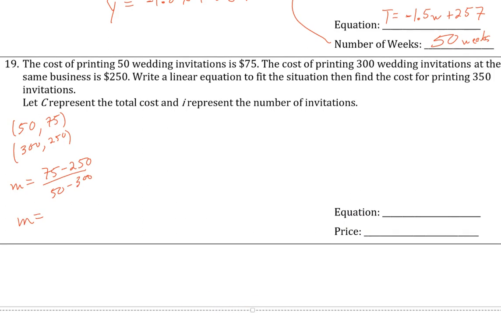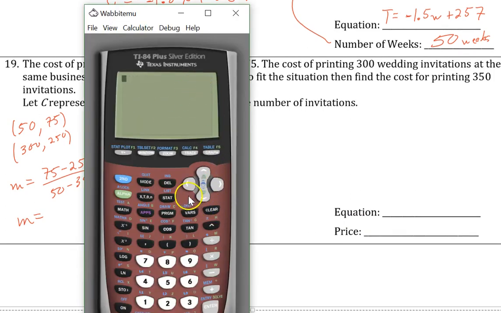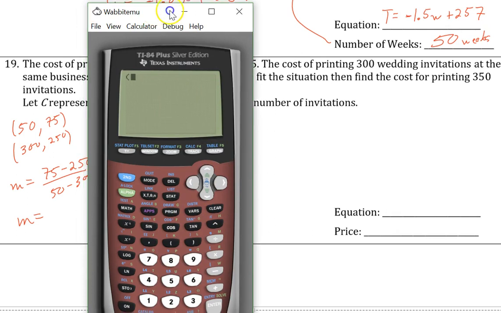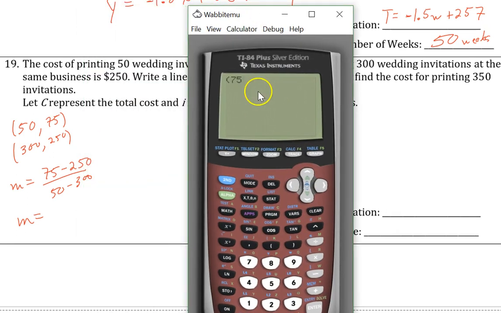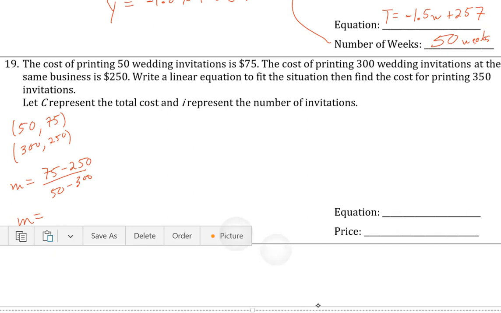So if we go ahead and plug in, so we got 0.7. So we did 75 minus 250 divided by 50 minus 300. So we got M is 0.7.